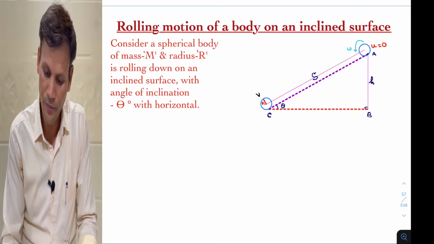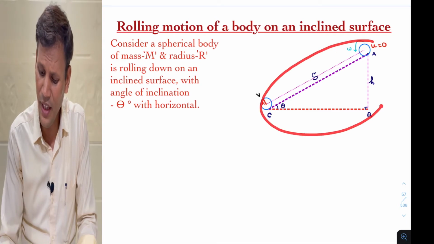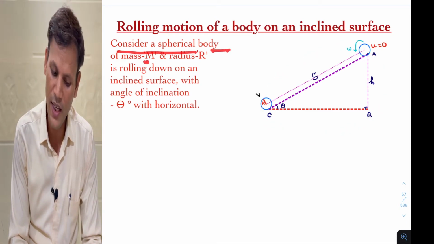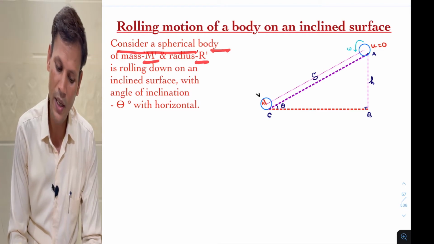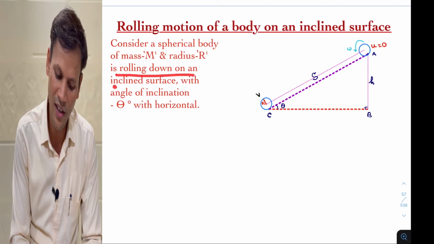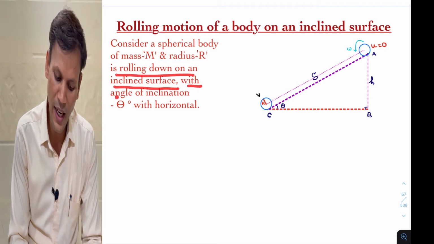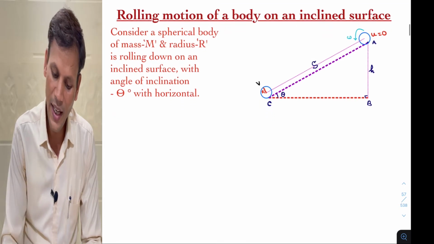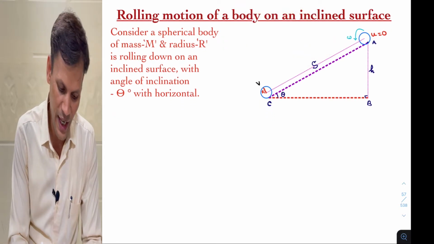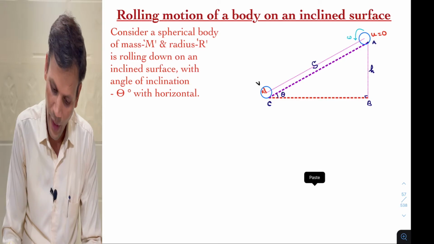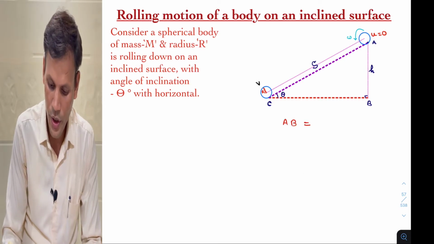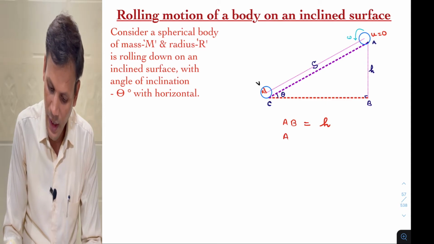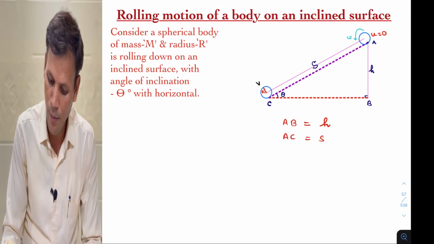So as I have explained every term that I have written over here, consider a spherical body of mass capital M and radius capital R rolling down on an inclined surface with angle of inclination theta with the horizontal. And here h is the height. We can write over here, AB is equal to h, which is the height. AC is equal to the displacement.